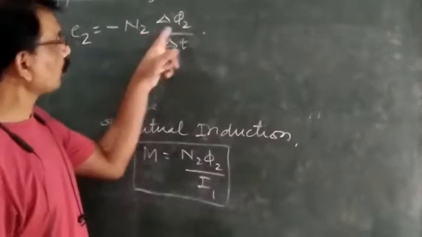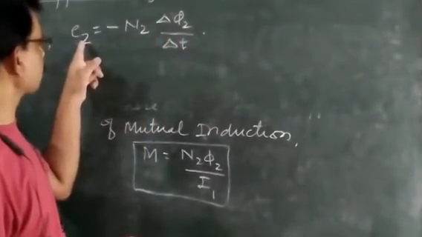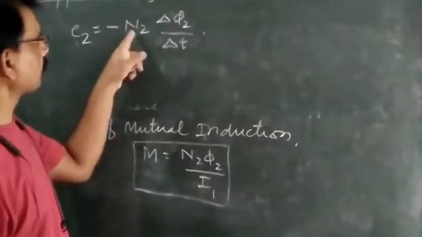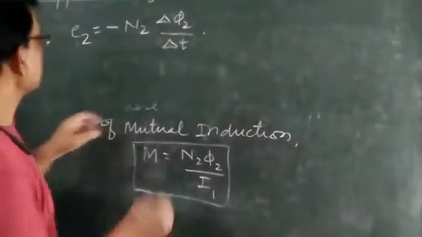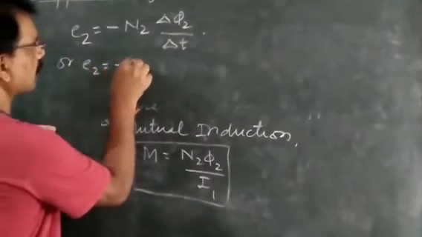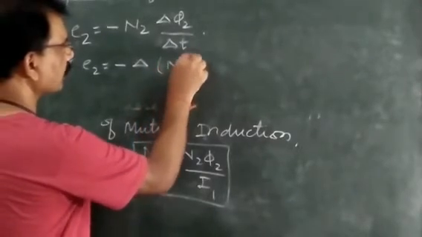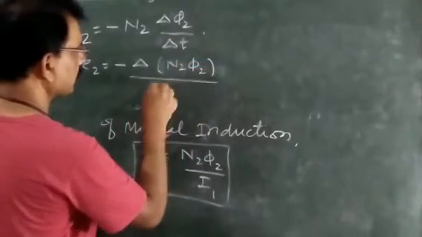Remember this, 2 represents secondary. The total induced EMF in the secondary coil is equal to minus N2 delta phi2 upon delta T. Or we can write E2 is equal to minus delta N2 phi2 together upon delta T.